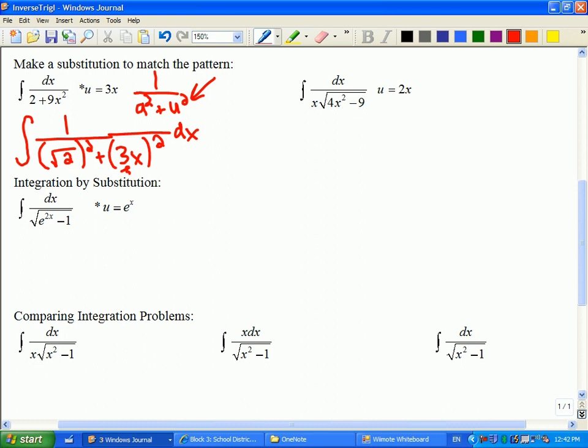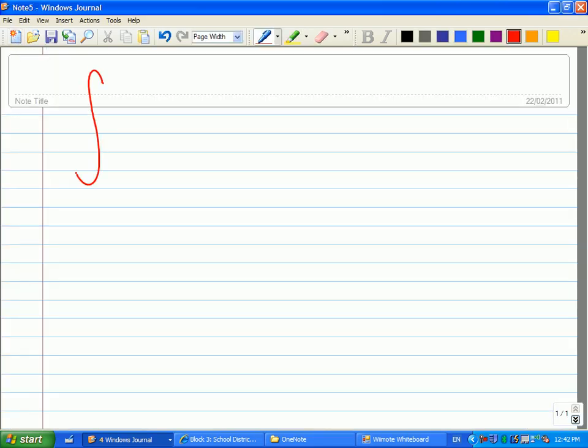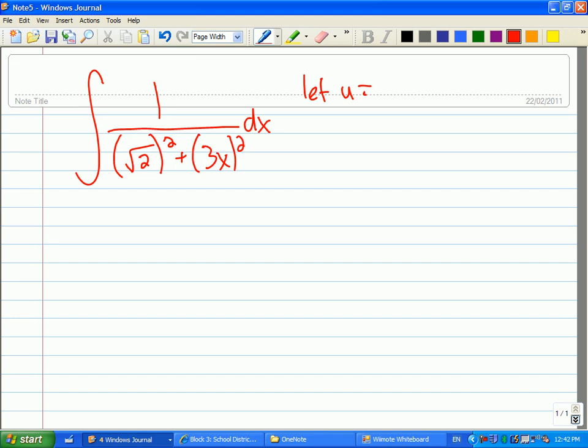So I'm going to go to another slide because I'm running out of space here. But if we were to do it with substitution, I'll write down that last one. We say it looks like the arctangent pattern. I'm going to make my substitution, let u be equal to 3x. That means du is 3 dx's.